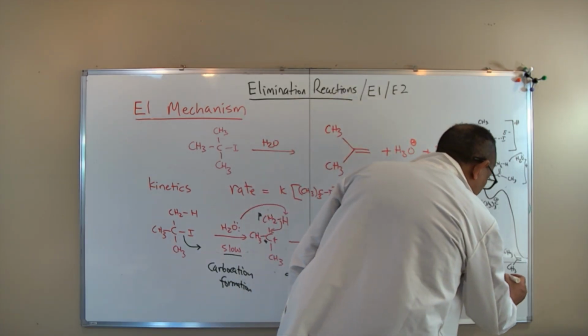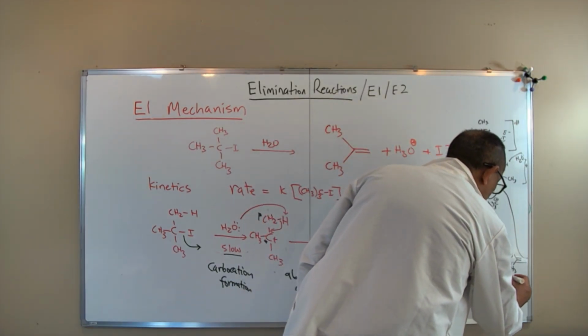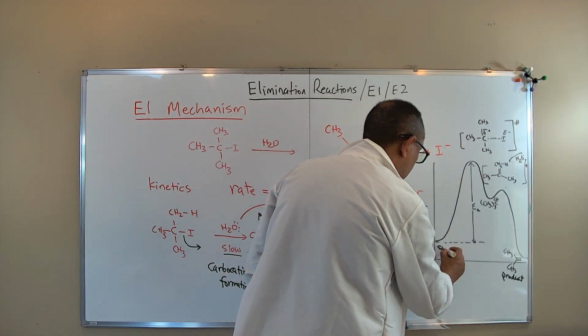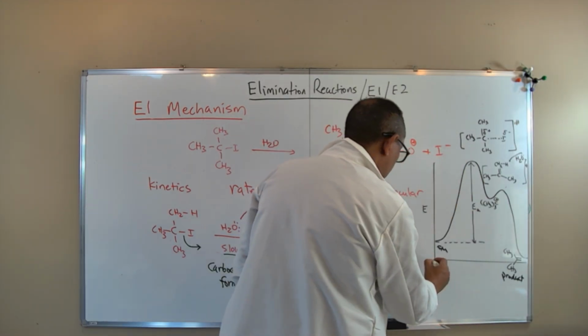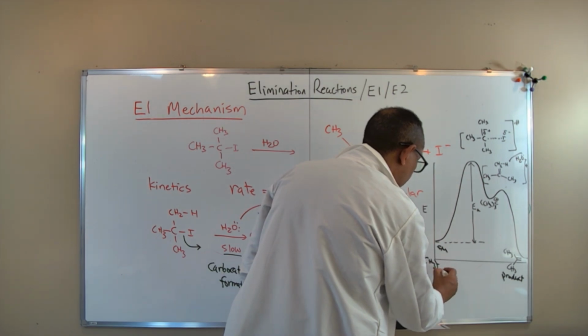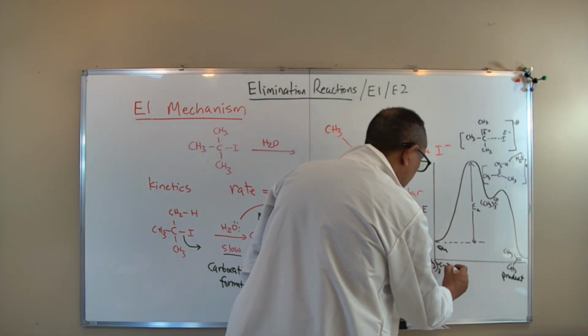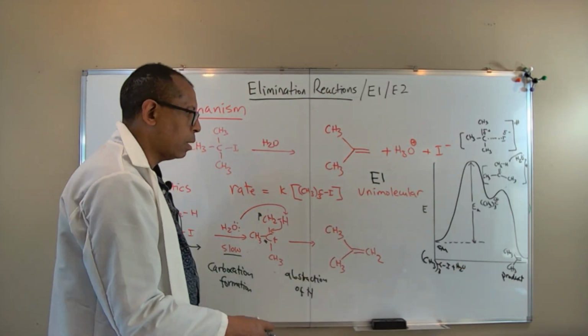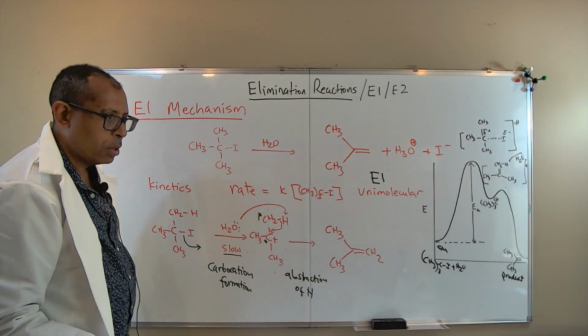So this is the final alkene product. These are the starting materials: the tertiary iodide and obviously water. That is the starting material, and that is the product. So, E1.